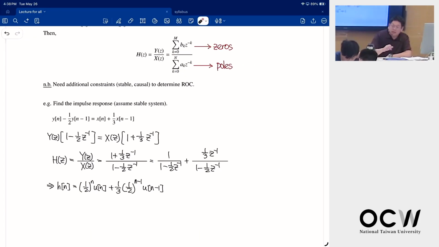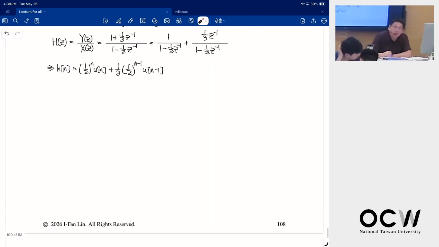Right, let's see this example. We can also review how we do the convolution.